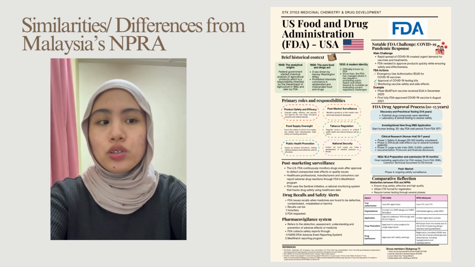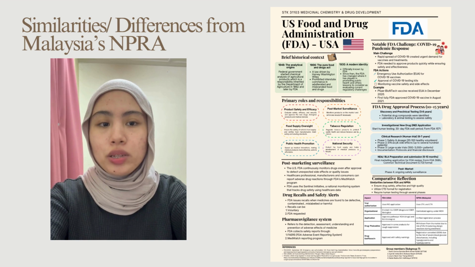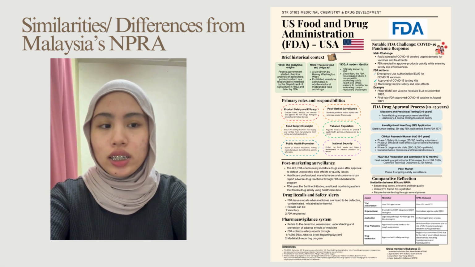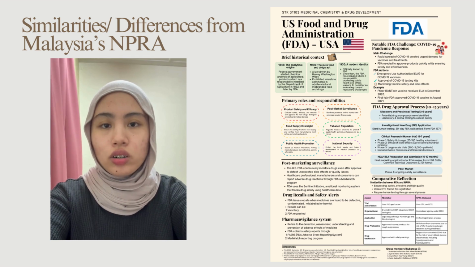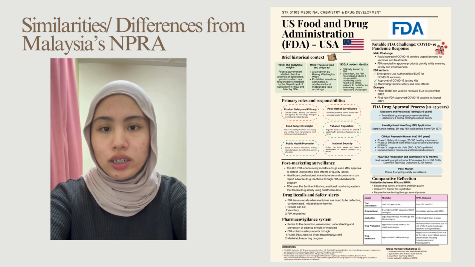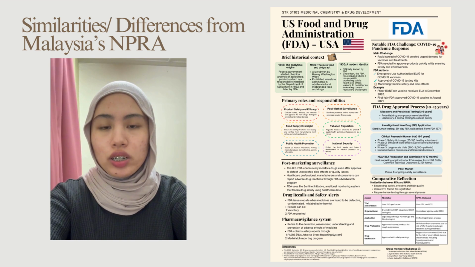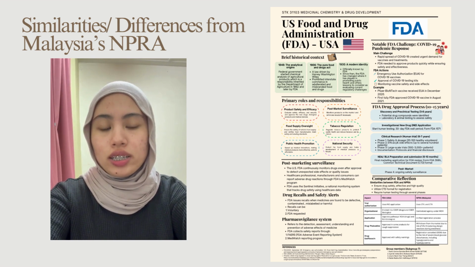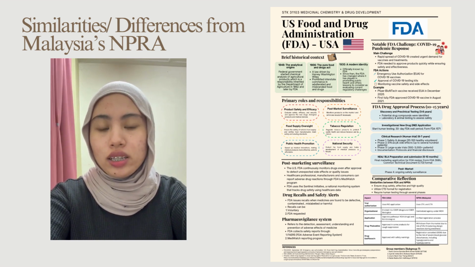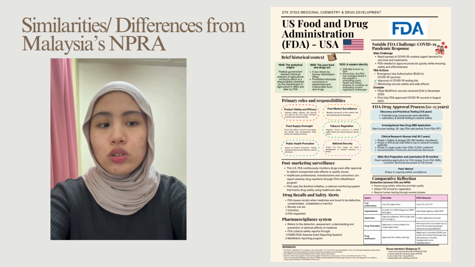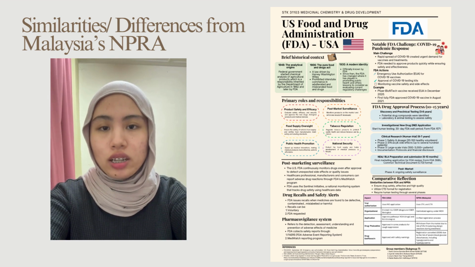This 5-module structure ensures that administrative, quality, non-clinical, and clinical data are organized in a globally recognized manner. Lastly, the clinical trial requirements. Both agencies require human testing through 3 phases to demonstrate efficacy and safety before a marketing application.